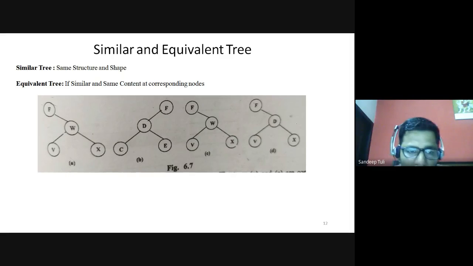Similar tree, in short, I have written over there: same structure and shape. Similar means same, so both structure and shape must be the same.